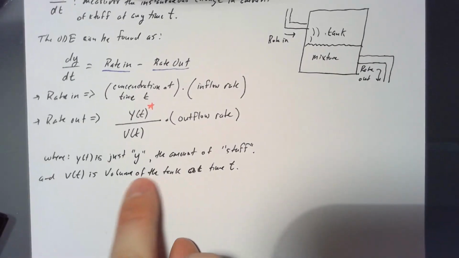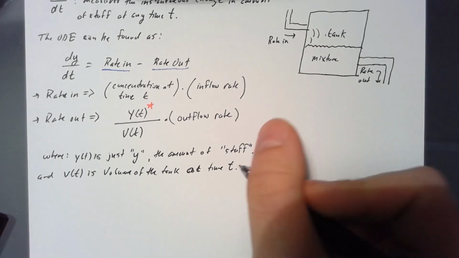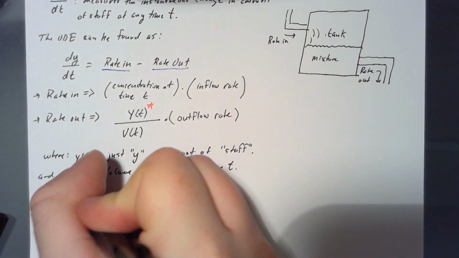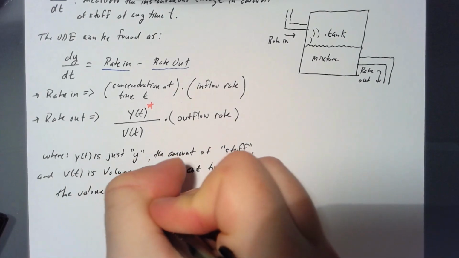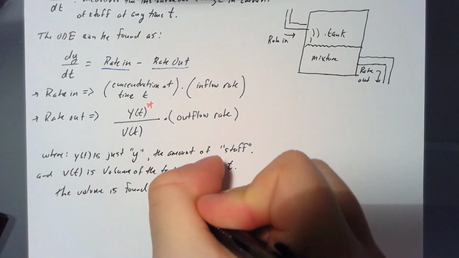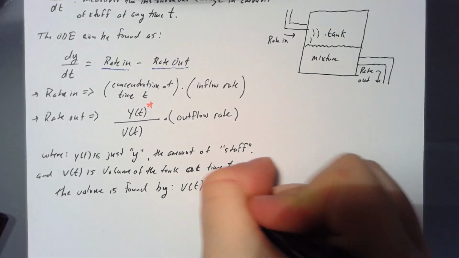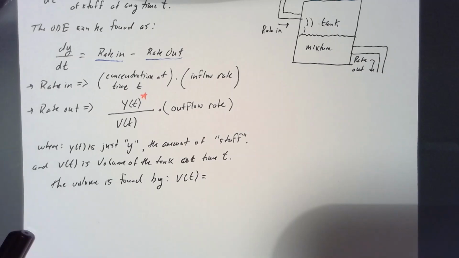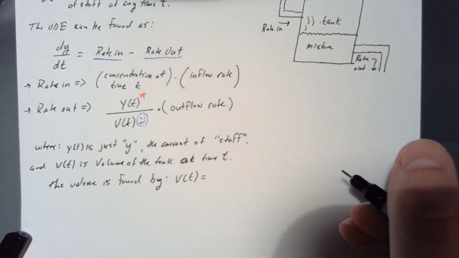So how do we figure out what the volume is? So this is found, so the volume is found by, so V of t equals, I'll call this one smiley face.